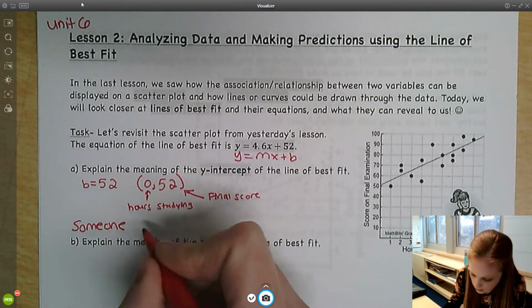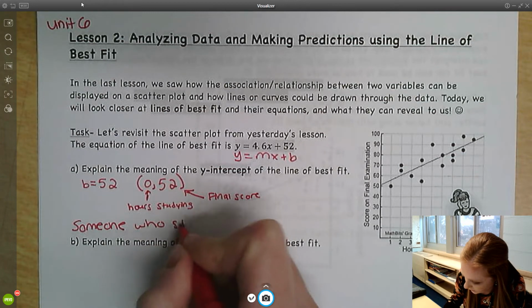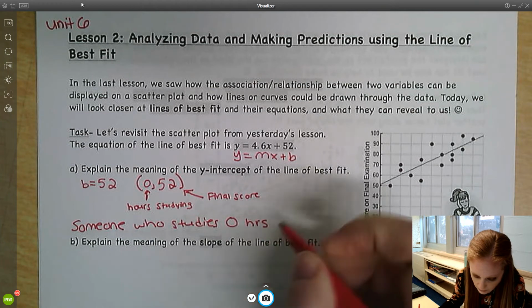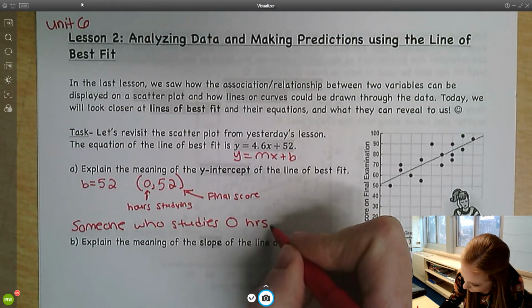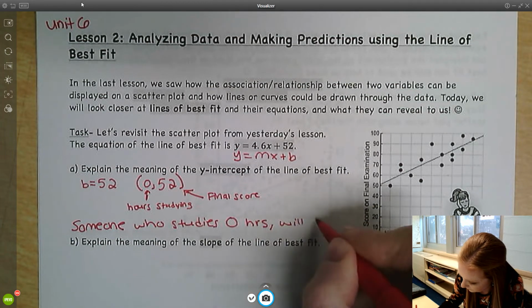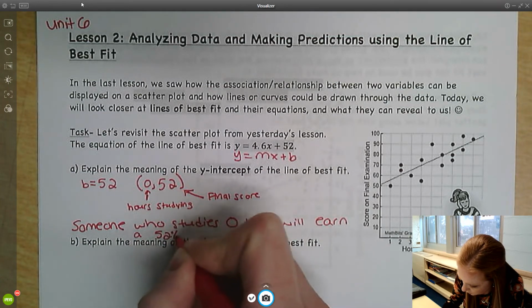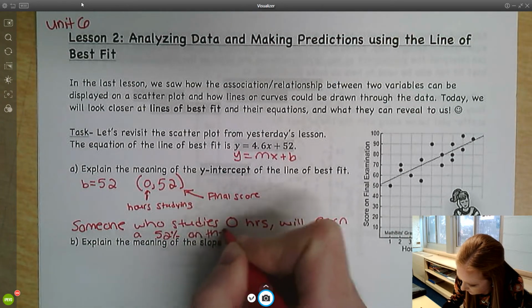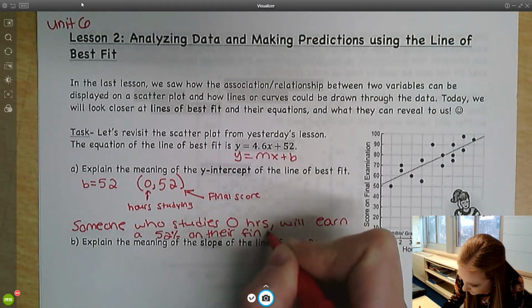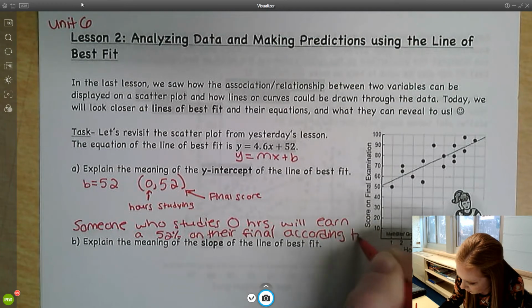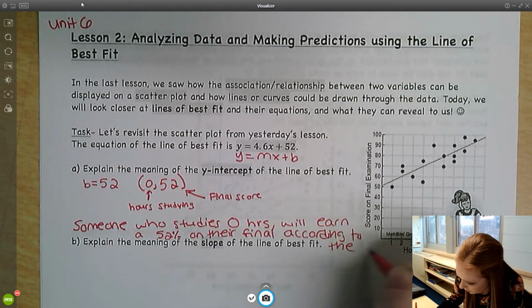Someone who studies 0 hours will earn a 52% on their final according to the prediction line.